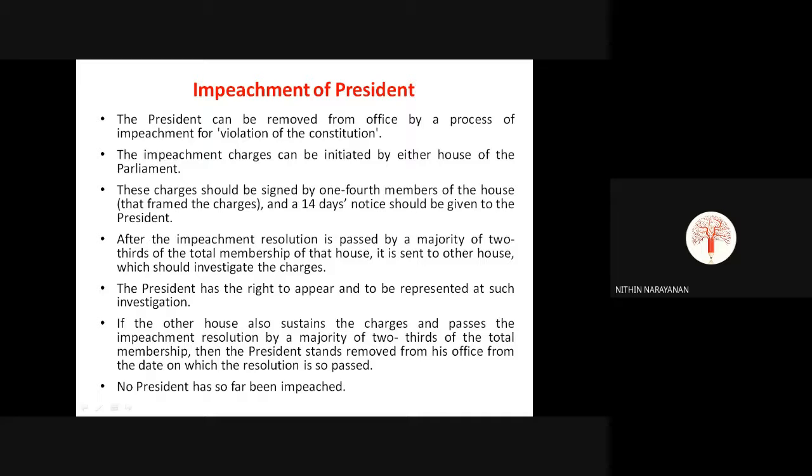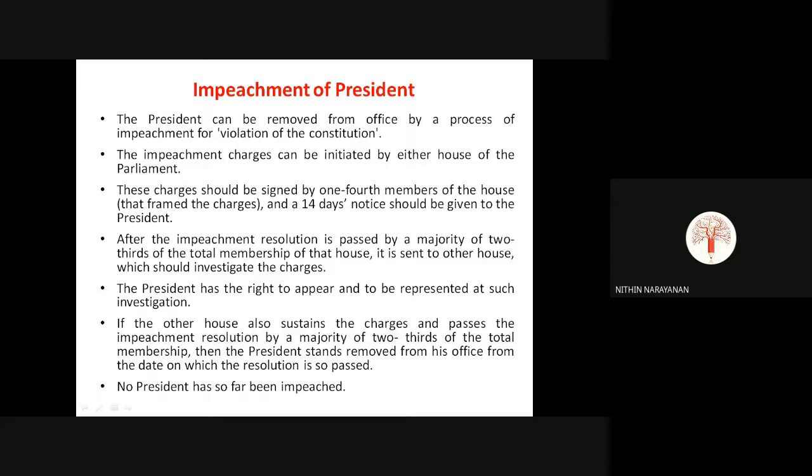If the other house also sustains the charges and passes the impeachment resolution by a majority of two-thirds of the total membership, then the president stands removed from his office from the date on which the resolution is so passed.